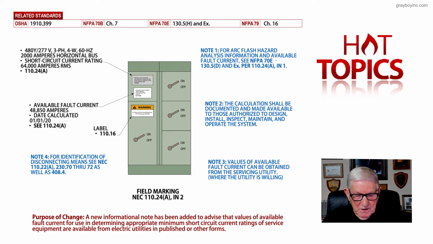And then, of course, in the exception, if you already have a label, you do not have to update the label to the latest code as long as your label provides the information that was necessary by the code that it was applied by.